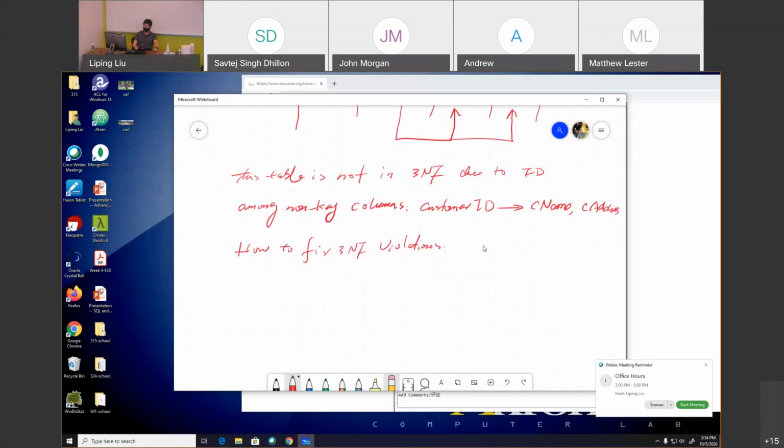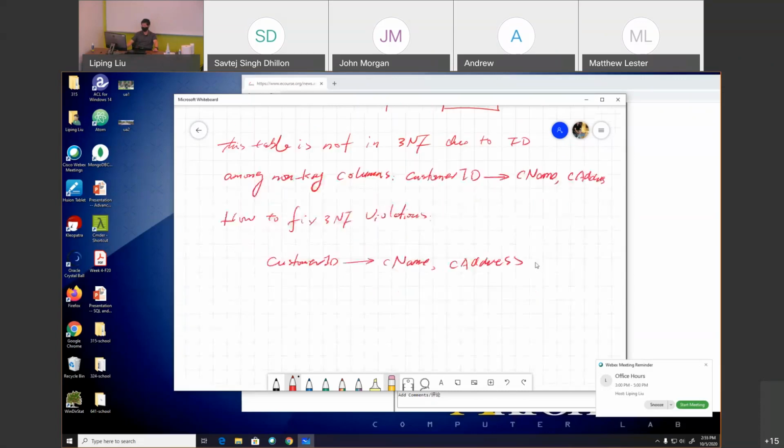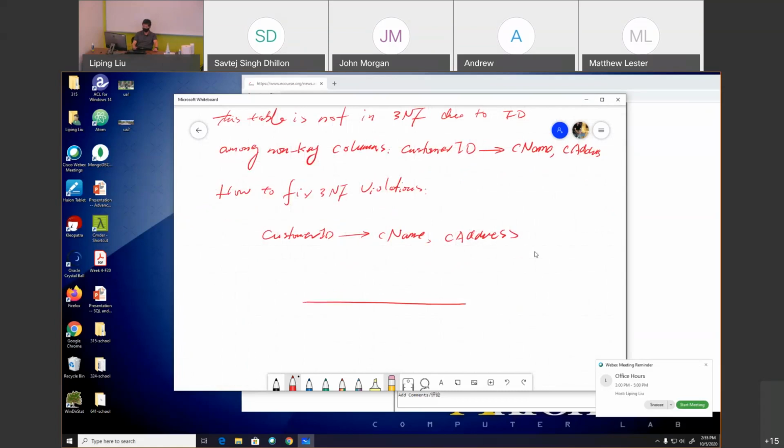So you have this customer ID determines customer name and customer address. And that customer ID is transitive. So you're going to use that to make a new table. You're going to use customer ID as a key for that new table, and the customer name and the customer address as non-key columns.